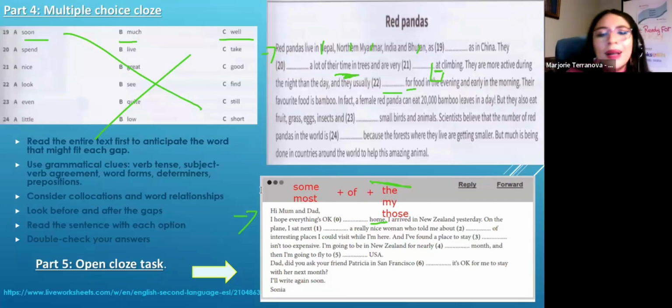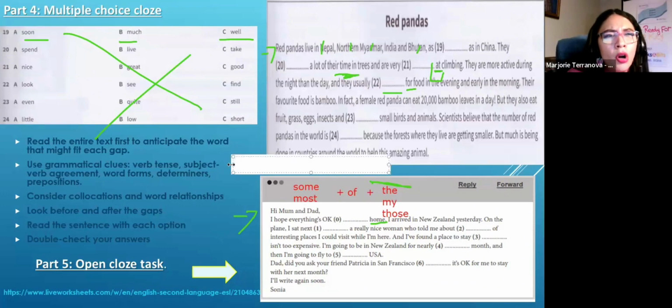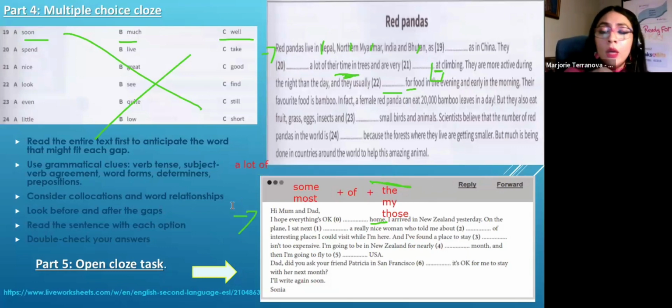But I can use other. Does anybody have an idea of the word that I could use there? Something that collocates with of. I have in my mind something that collocates with of, that is a lot of. And with a lot of, I don't need to use a determiner.